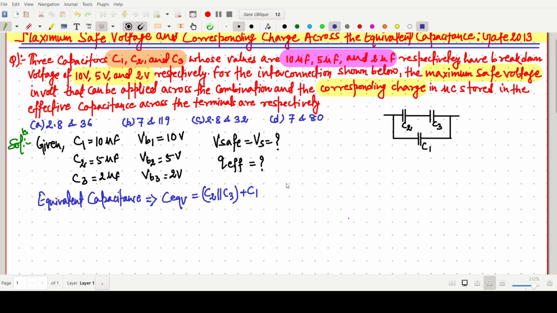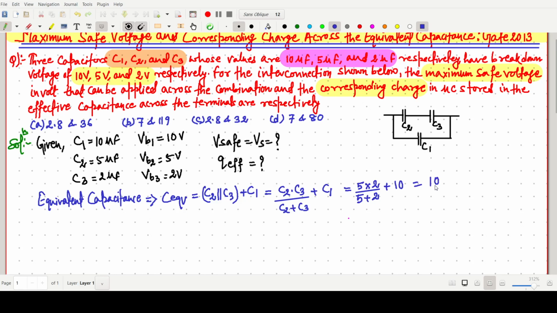So we can write C2 into C3 divided by C2 plus C3, plus C1. One can easily solve: C2 value is 5 and C3 is 2. So we can write 5 into 2 divided by 5 plus 2, plus C1 which is 10.